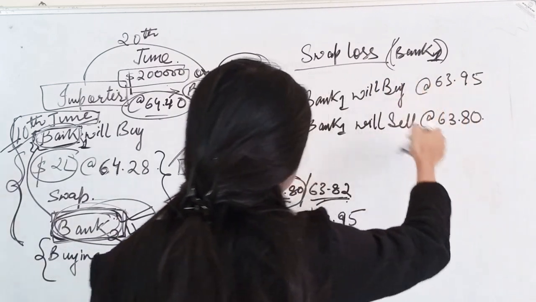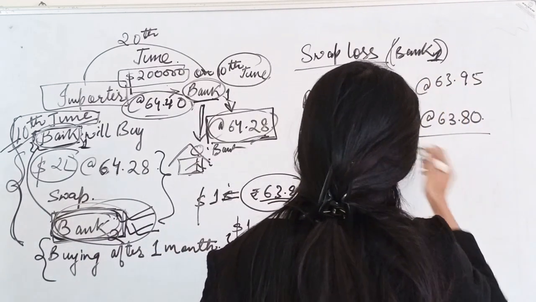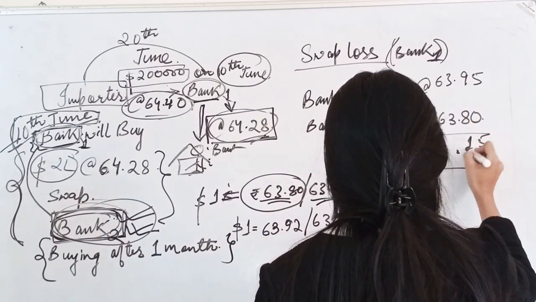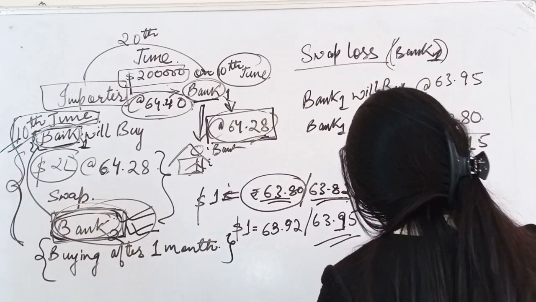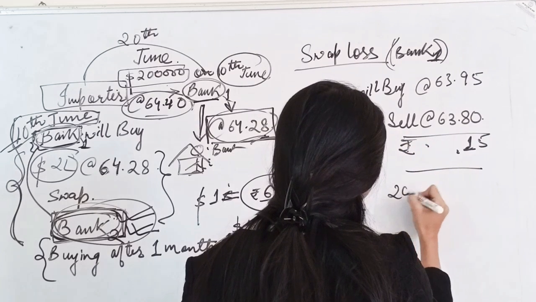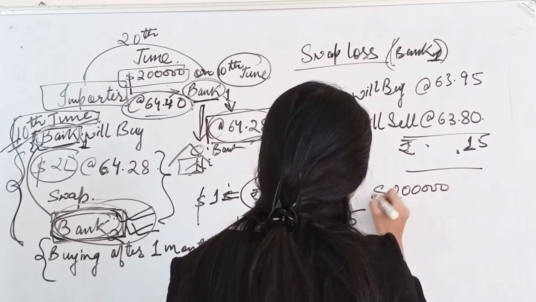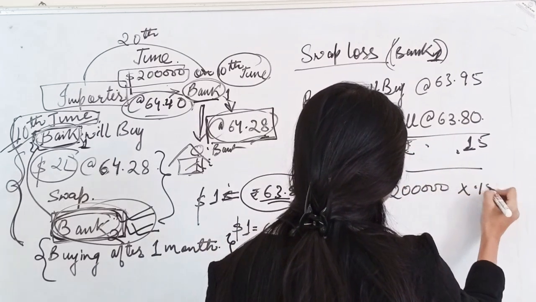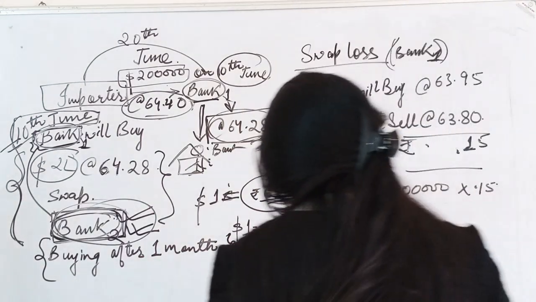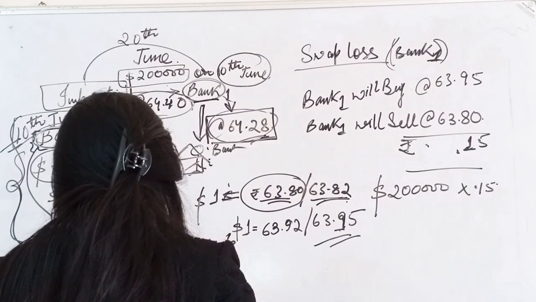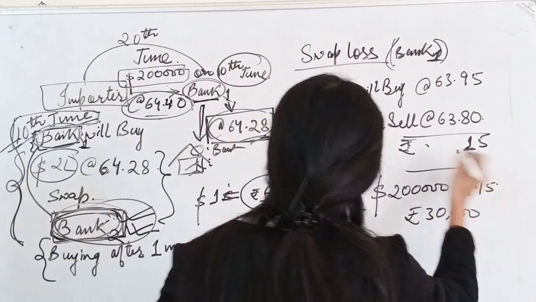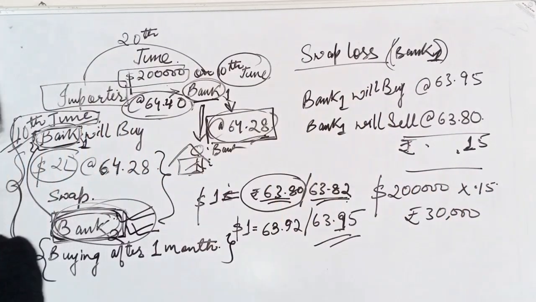So the net difference will be the net loss to bank 1, that is 0.15. If we find it in amount, $2 lakh multiplied by 0.15, it will be 30,000 rupees. This is the swap loss which has occurred to bank 1.